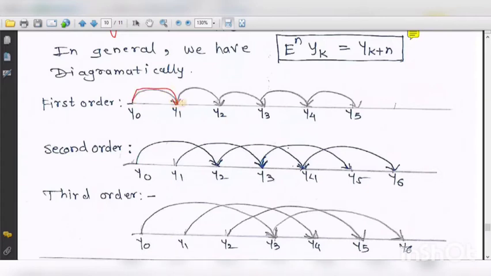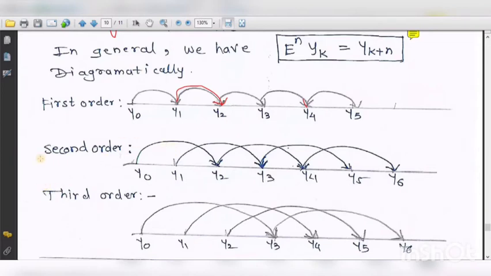If I apply it on y1, then y1 will be shifted to the next value, y2. Then y2 will be shifted to y3 if we apply it on y2. If we apply it on y3, then y3 will be shifted to y4 and so on. So in the first order, it shifts to its immediate next value.